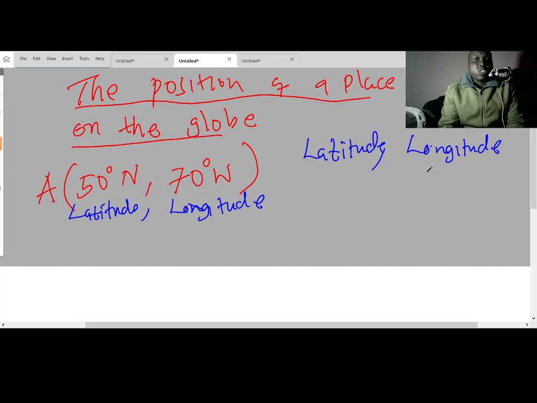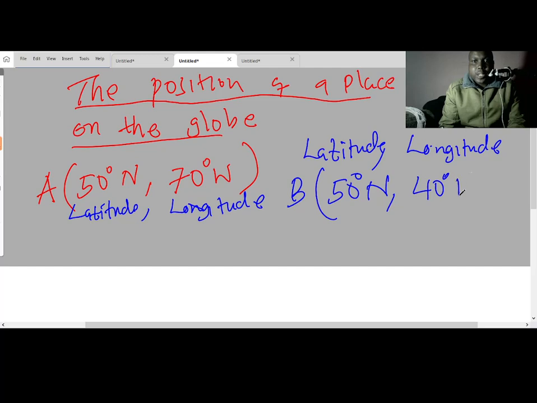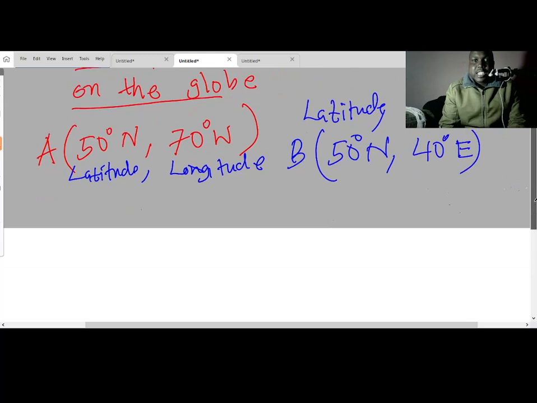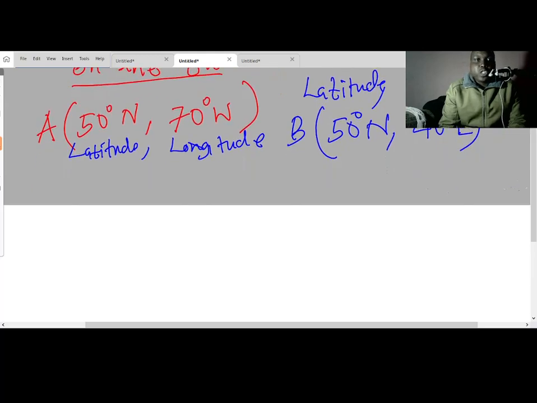So, if I have A, this place, and then B is 50 degrees north, 40 degrees east. We want to sketch and place this coordinate on the graph, to put these positions on the earth surface.